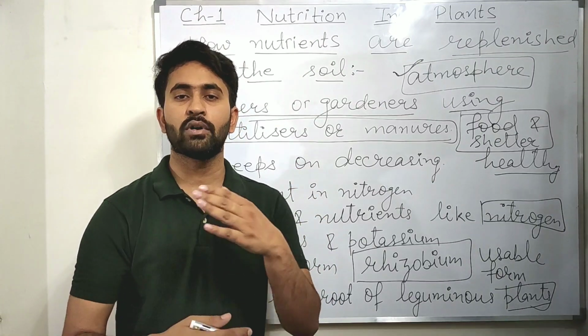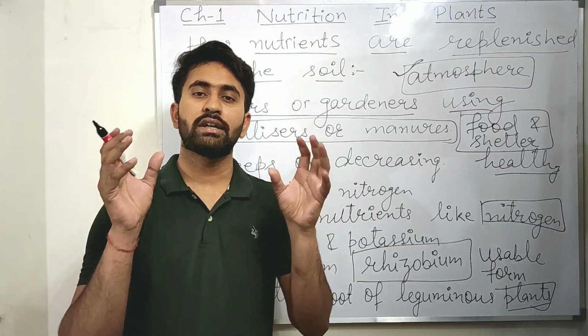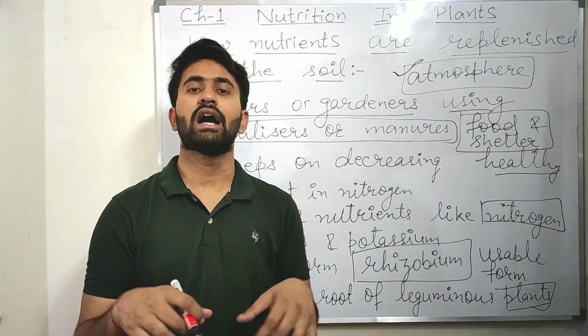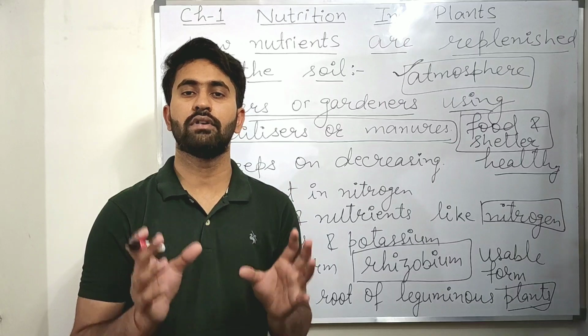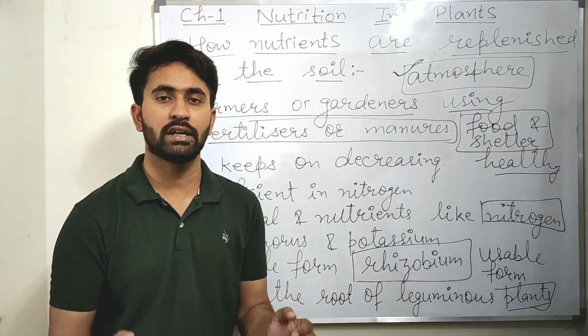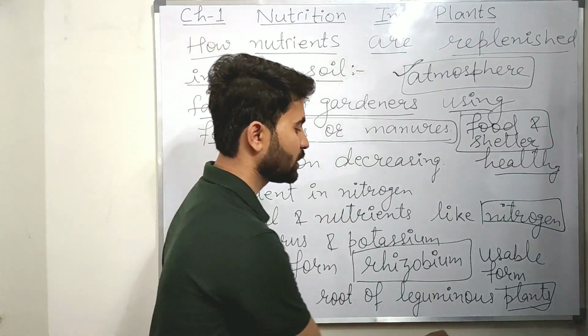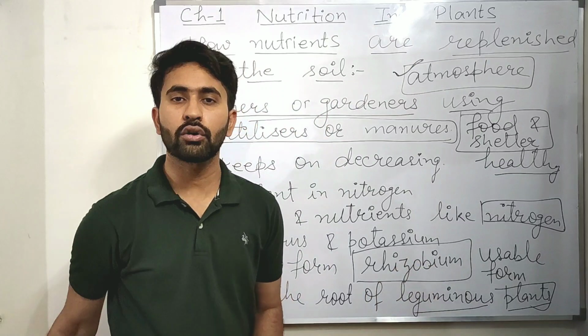If we keep growing them continuously, the nutrients will decrease in the soil, and afterwards the soil will lose its fertility. So to maintain the fertility of the soil, leguminous plants are grown.